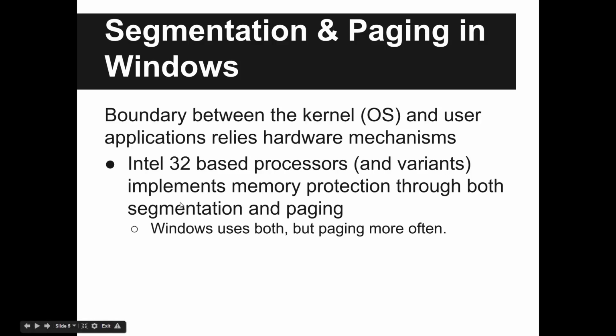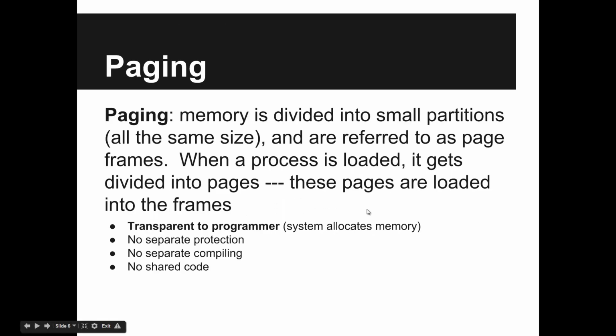This enforcement is typically done at the hardware level, either by segmentation and/or paging in an operating system. Windows uses both, but typically uses paging more often. Paging is simply dividing memory into small partitions that are each the same size and grouping these partitions into page frames. Each page frame may have a specific use, and there may be a number of page frames per virtual address space.